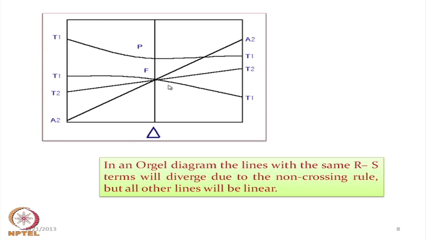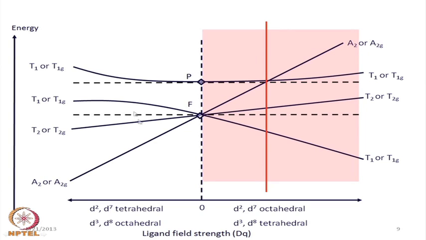But the other lines in the Orgel diagram, that means the line for T2 and the line for A2, these two are linear. So, we will have the linear line as well as the bent line in this diagram.